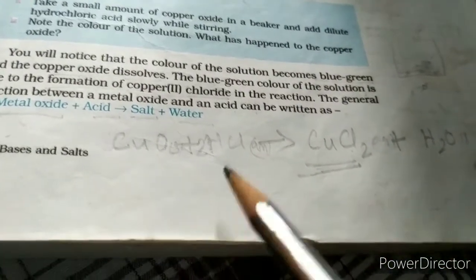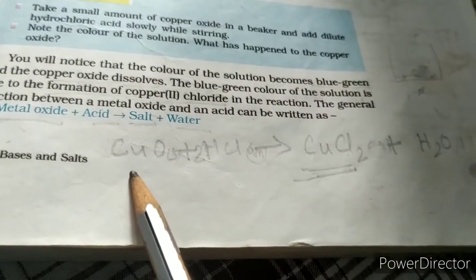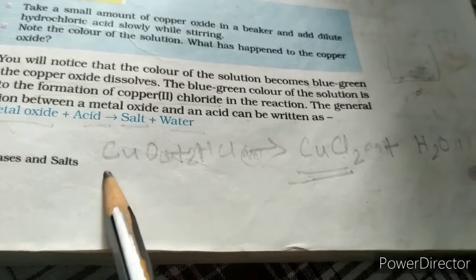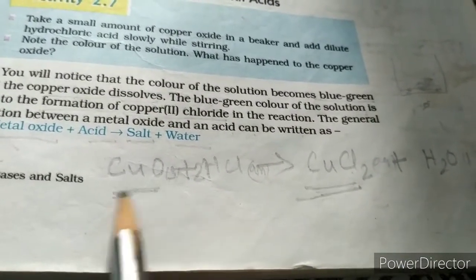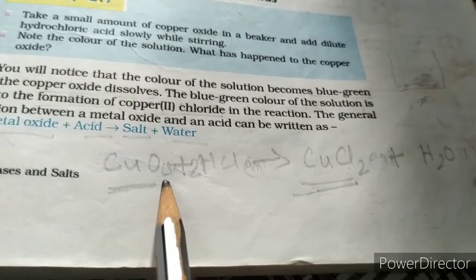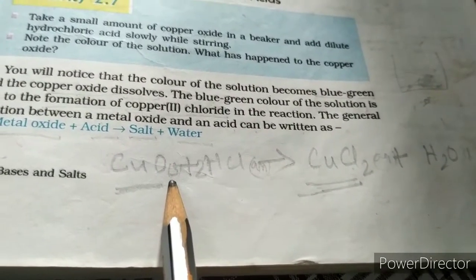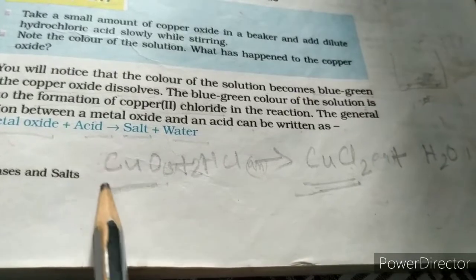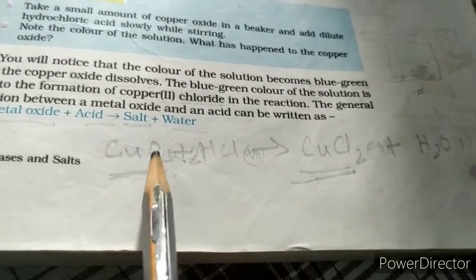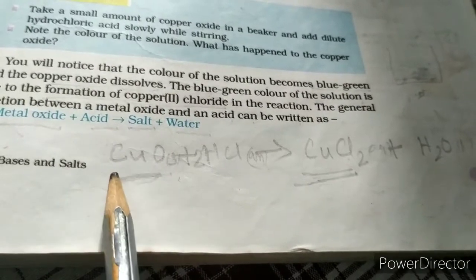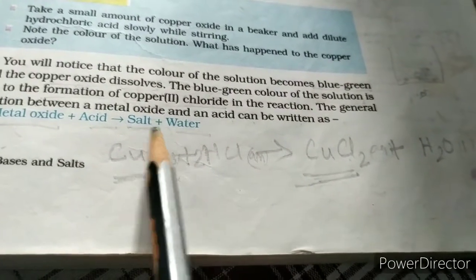So actually metal oxides are basic in nature. But some metal oxides may be both basic and acidic in nature. Generally a metal oxide does not react with a base.